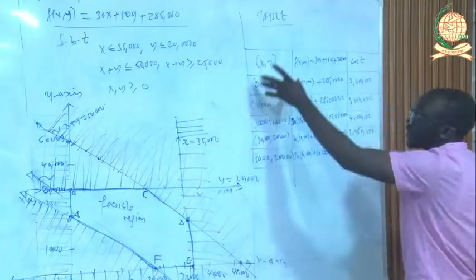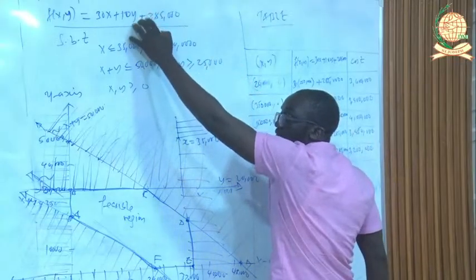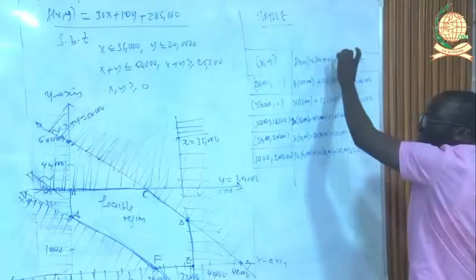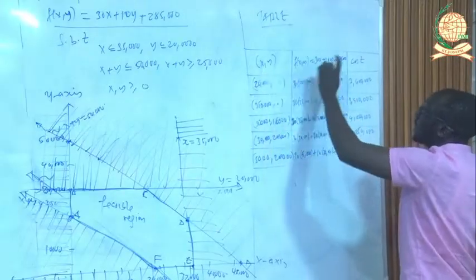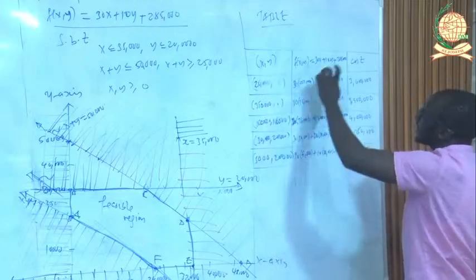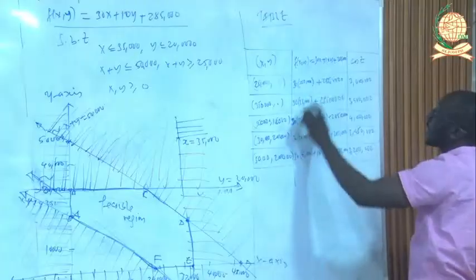The values of x and y, we are going to substitute them into your cost function, the objective function, which I have written this way here. You put x here, y here, and so on, the same way.